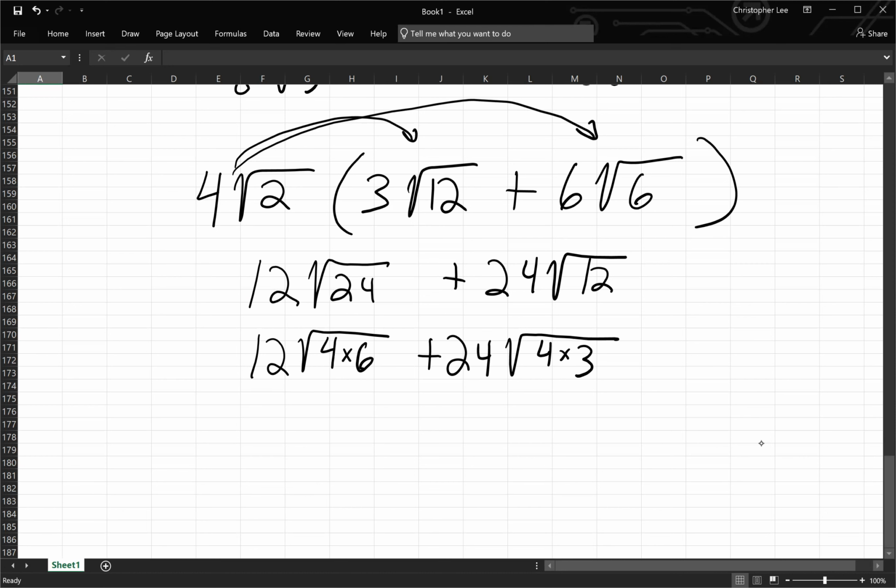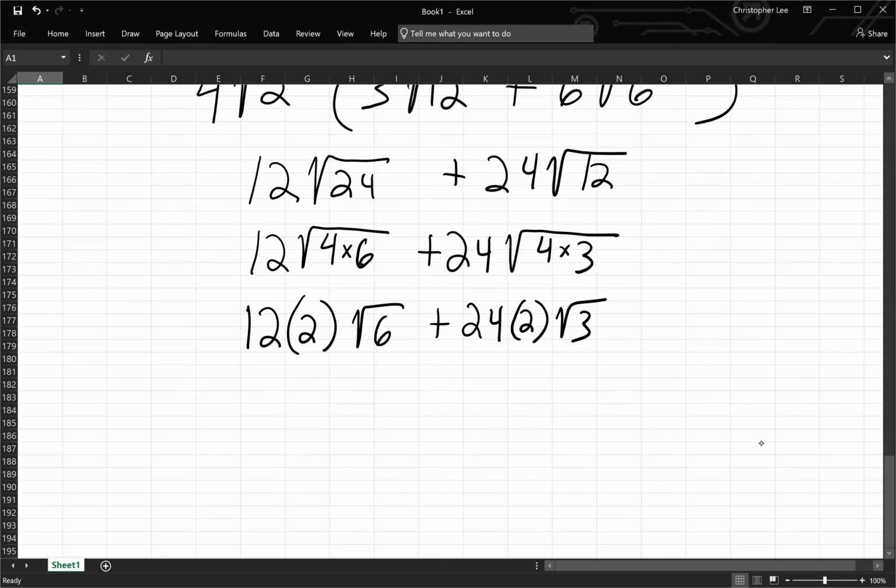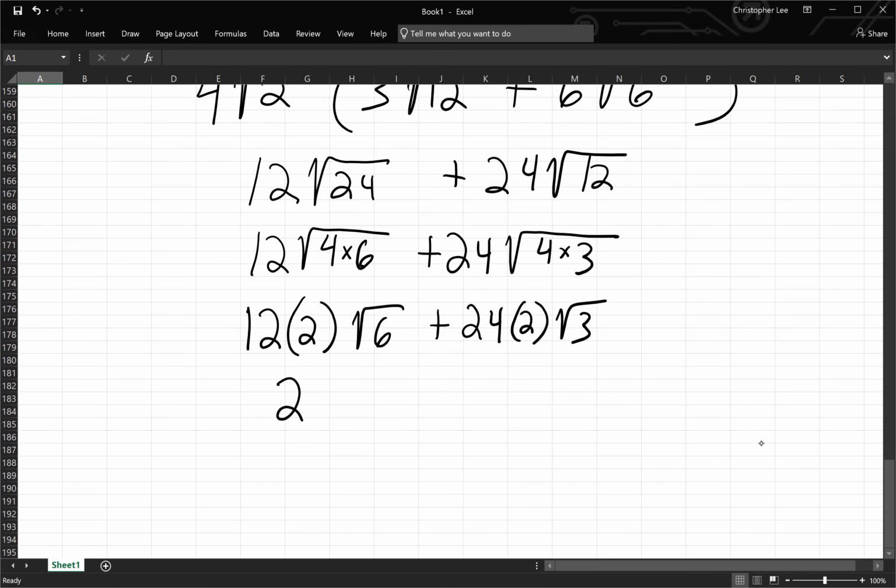And then that's it. What's the square root of 4 again? 2, right? So it's 12 times 2 square root 6 plus 24 times 2 square root 3. And then just do the math on that. I think that's like 24 square root 6 plus 48 square root 3. Then that's your answer. Then A, B, C, D, that term.